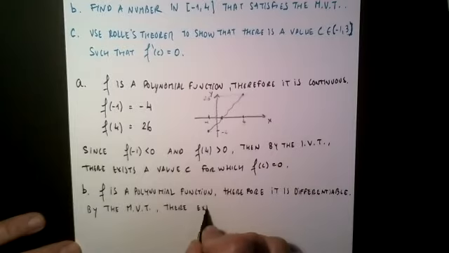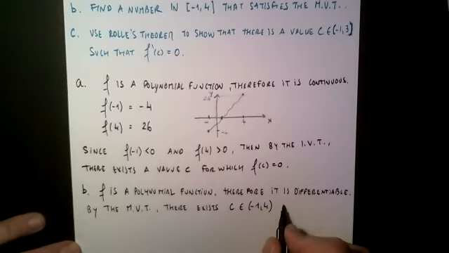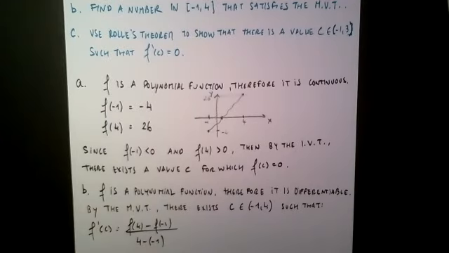there exists a C in the interval [-1, 4] such that f prime of C is equal to f of 4 minus f of -1 over 4 minus -1. That's the mean value theorem.